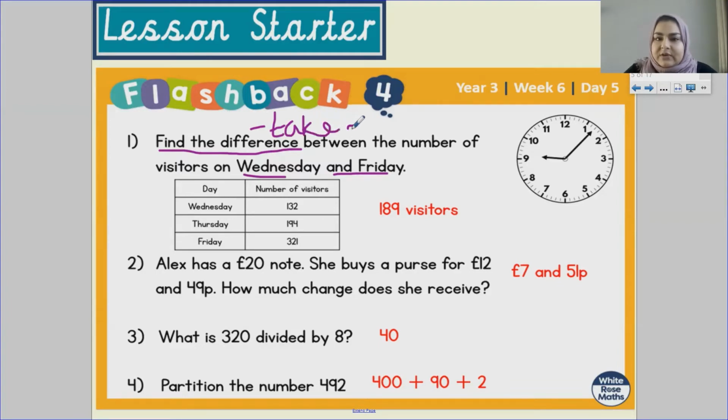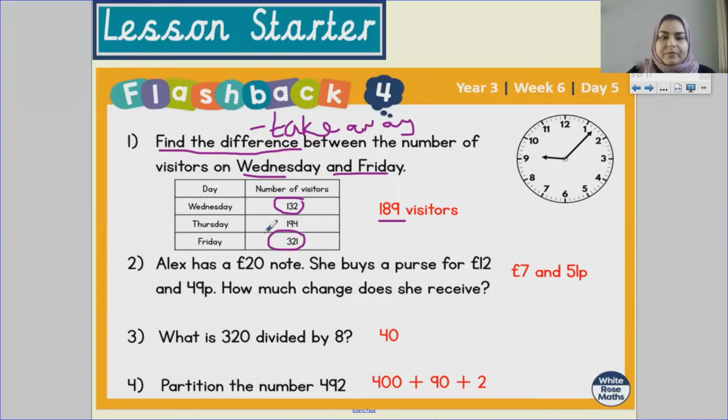So I'm going to do Friday take away Wednesday. Friday is 321 visitors and Wednesday has 132 visitors. When I do 321 take away 132, my answer should have been 189. So the difference between Wednesday and Friday is 189 visitors.